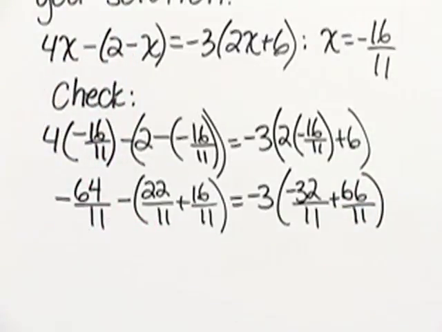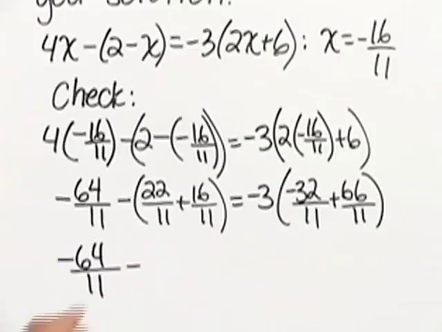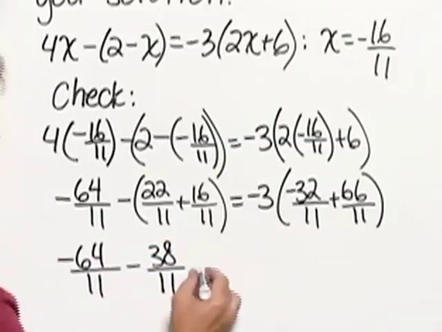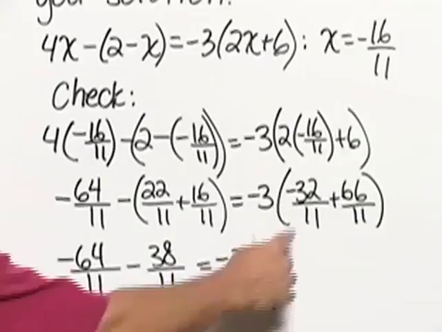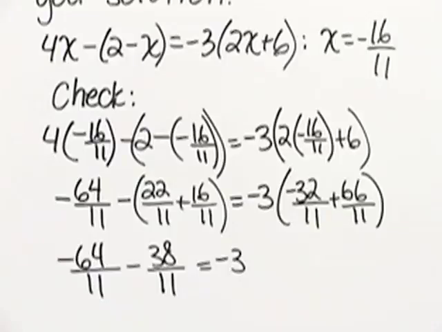We can now simplify inside of both parentheses. So we have -64 divided by 11 minus 22 plus 16 is 38/11. On the right-hand side, we have the -3, and then inside the parentheses, -32 plus 66 is a positive 34.